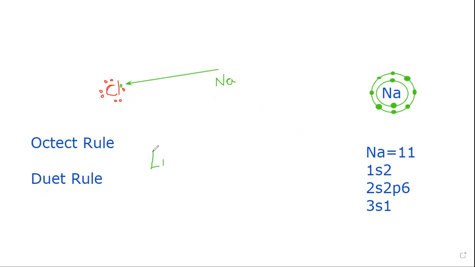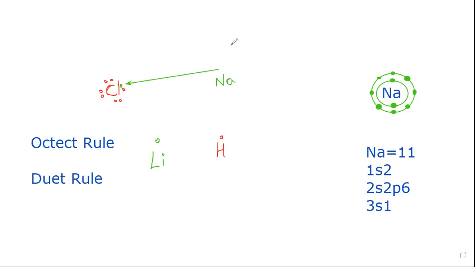Lithium has 1 valence electron. And then hydrogen, let me draw hydrogen in red, also has 1. Hydrogen has 1 valence electron as well.